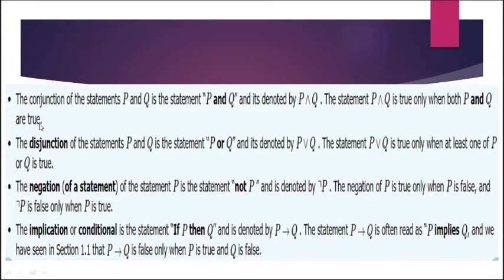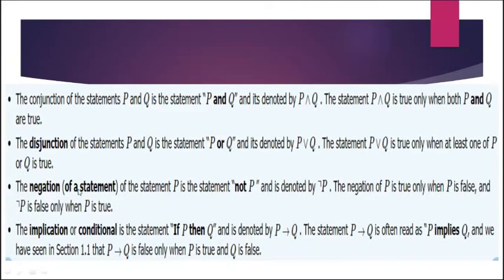Okay? Tulad po yung ginawa po natin kanina. The disjunction. The statement P or Q is denoted by P or Q. The statement P or Q is true when at least one of them, either P or Q, is true.